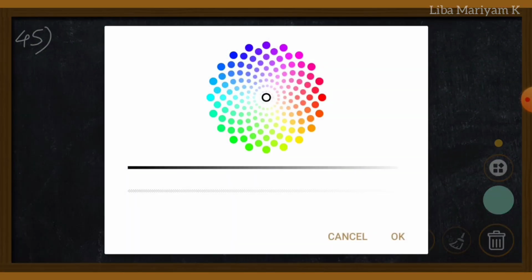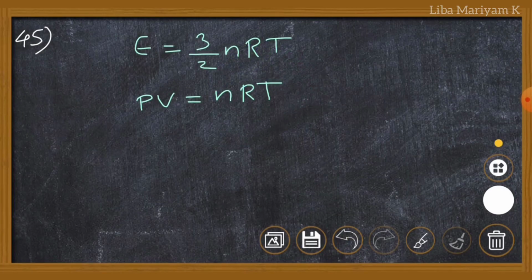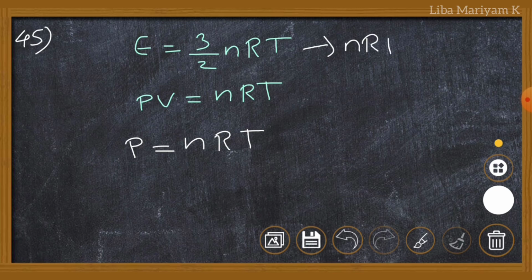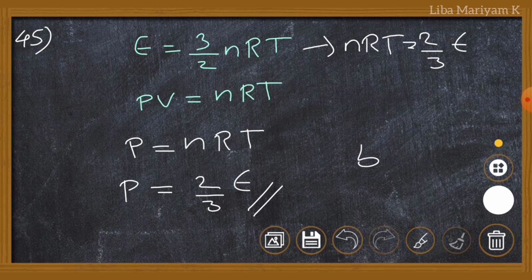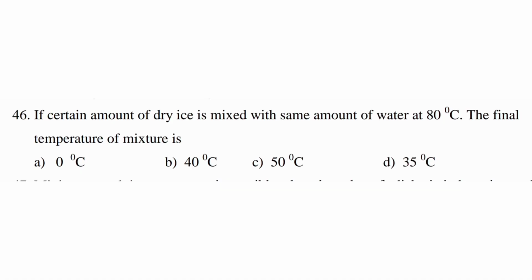Here we want to find pressure per unit volume. Therefore, P equal to nRT. From this we can write nRT is 2 by 3 E. Therefore, pressure per unit volume is 2 by 3 E. Option B is correct.